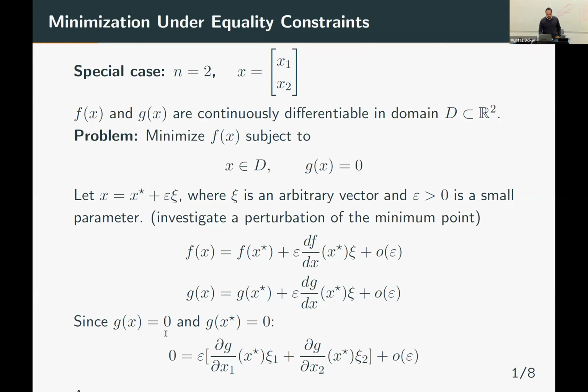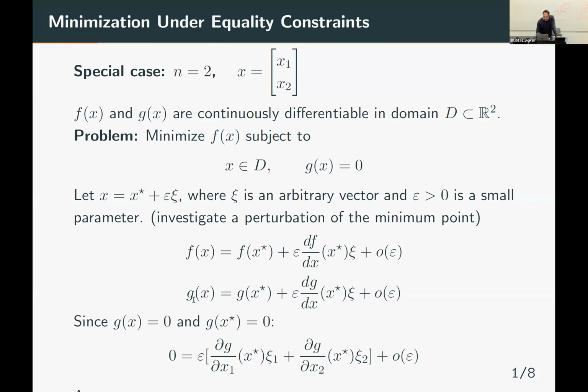When you are given g of x equal to 0, x is anything, which means that g of x star is also equal to 0. So what that means is this term will go away and this term will go away.